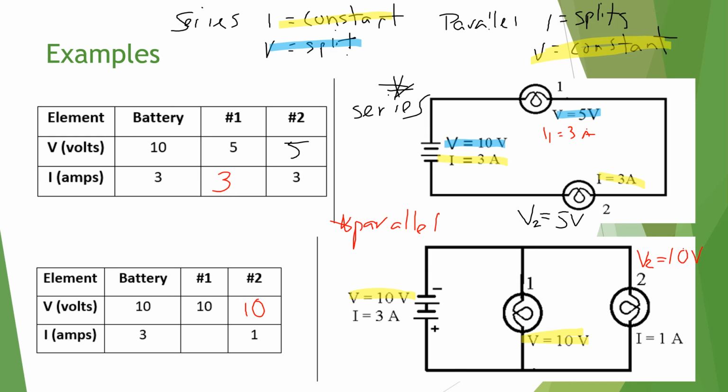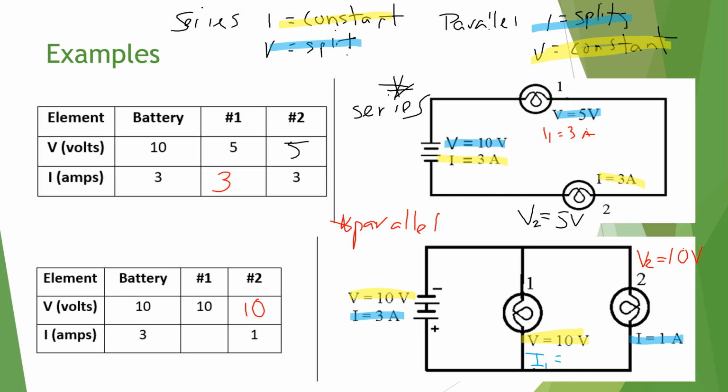Current in a parallel circuit, we know is splitting, okay, or shared between the loads. So the current at load 1 plus the current at load 2 is going to equal the total current. So if we have a total current of 3 amps at the battery and current of 1 amp at load 2, then we need to figure out the current at load 1.